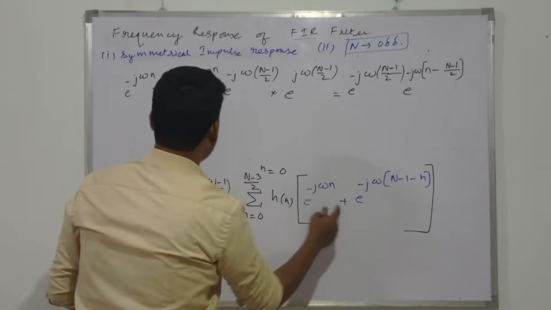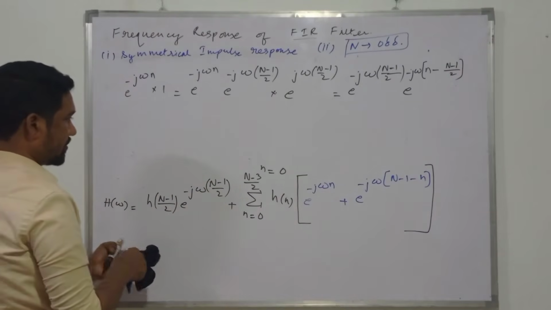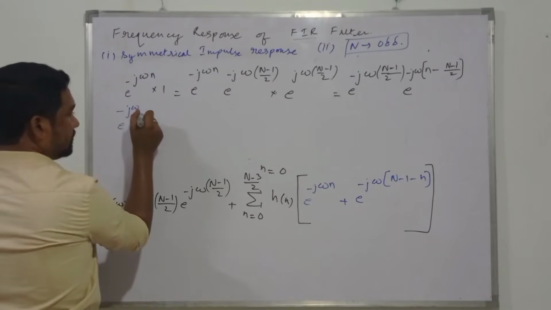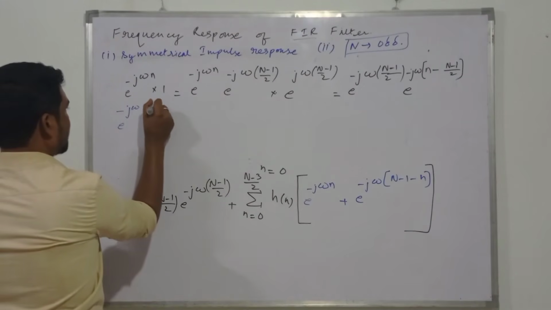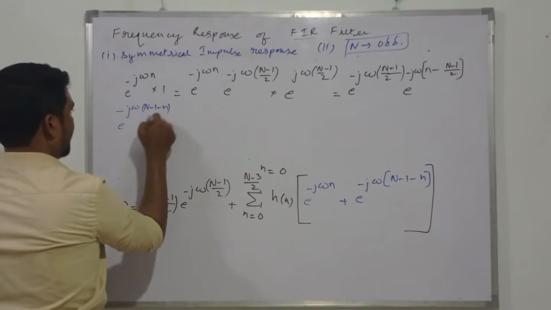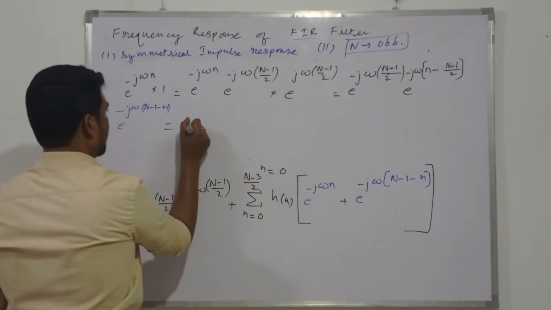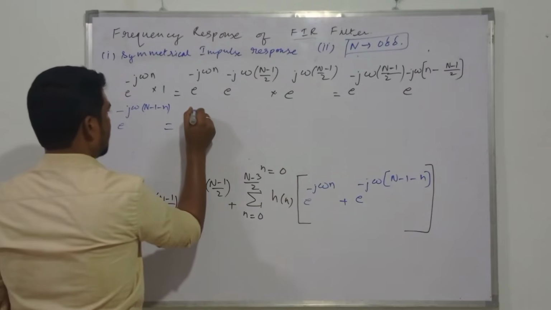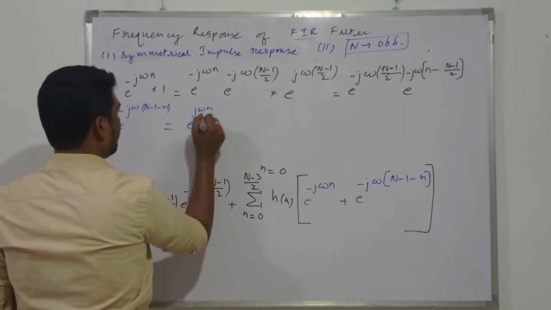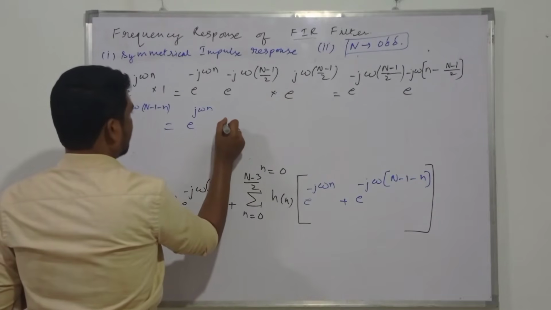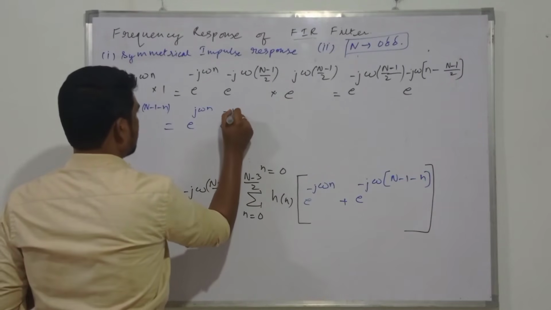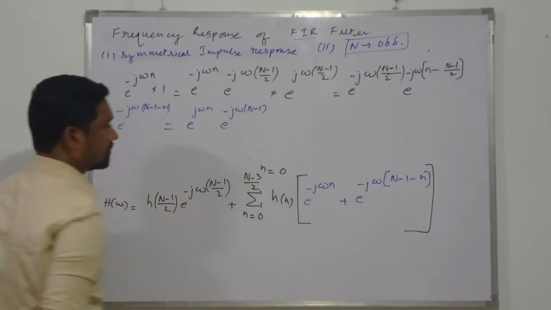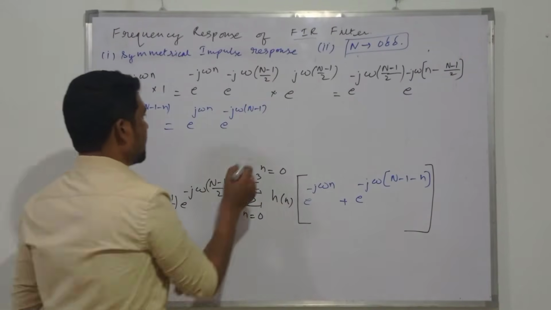Okay, now even this exponential can be written like this one, e raised to minus j omega (n minus 1 minus n), isn't it? So that takes the form e raised to j omega n into e raised to minus j omega (n minus 1). Splitting this exponential, what do we have?